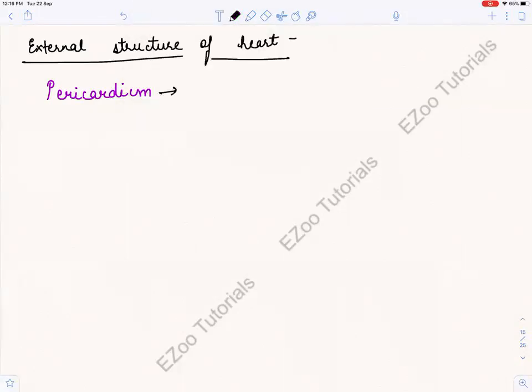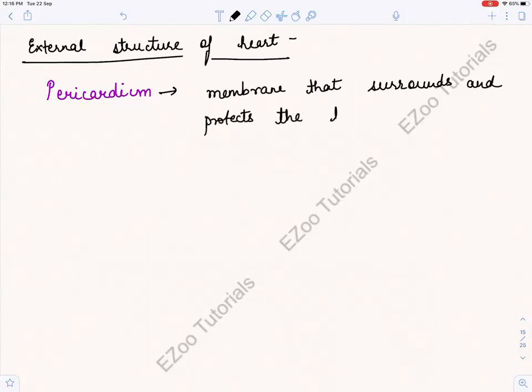It is the membrane that surrounds and protects the heart. Very easy. So in the external structure we are going from outside to inside. Pericardium is always related to the heart. So it is a membrane that surrounds and protects the heart.